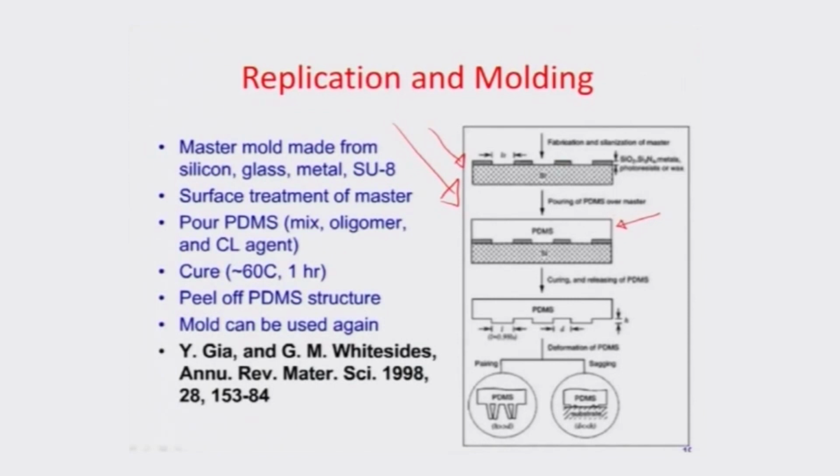Once you pour this polymer on top of the mold, which has already been coated by a mold release agent, you heat cure this PDMS at about 60 degrees for about 1 hour, so that it gets finely cross bonded. The cross bonding reaction is heat catalyzed. If you put it at normal ambient room temperature, it can still get cross linked, but it would take a huge amount of time.